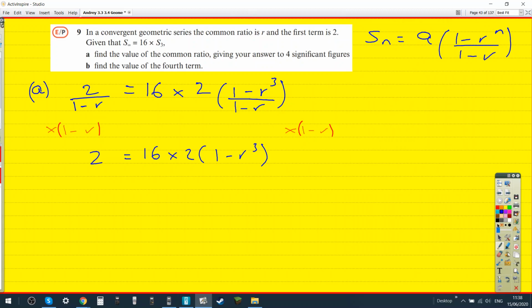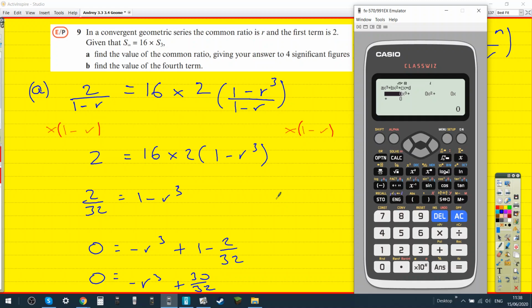And then you can just do 0 equals minus r cubed, and then whatever 1 minus 2 over 32 is. 2 over 32. So 30 over 32. Yeah. Okay. Plus 30 over 32. And then calculator for that, is it?